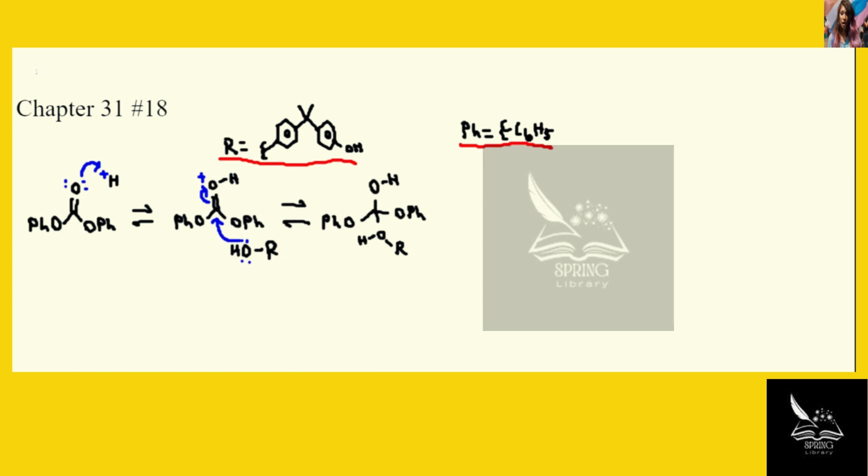So, tetrahedral intermediate formed, with a positive charge on that oxygen that was the nucleophile in that step of this mechanism. Now the conjugate base of our starting acid comes in.